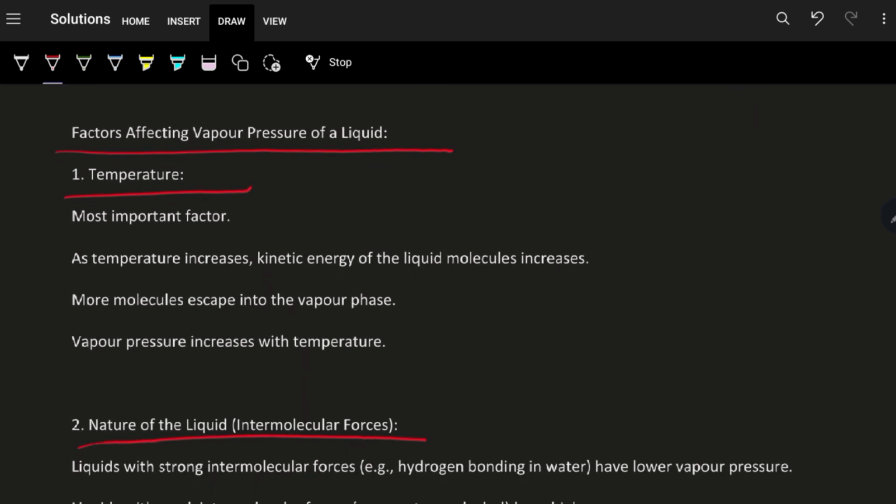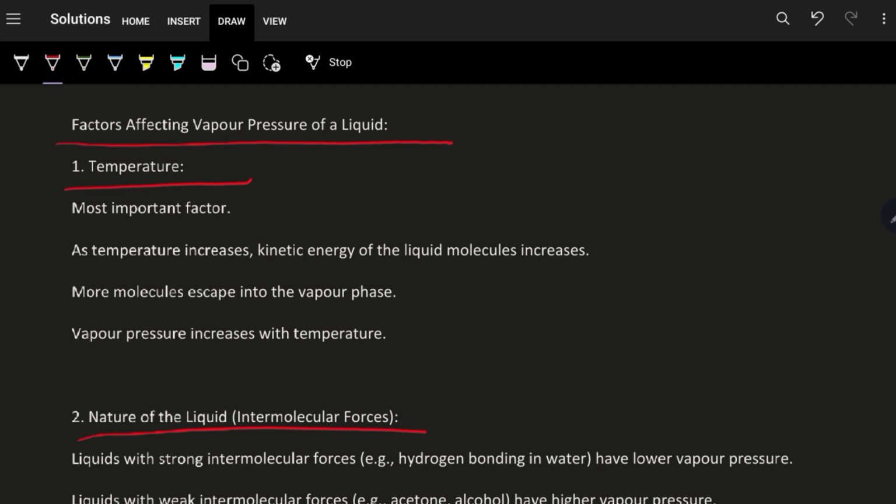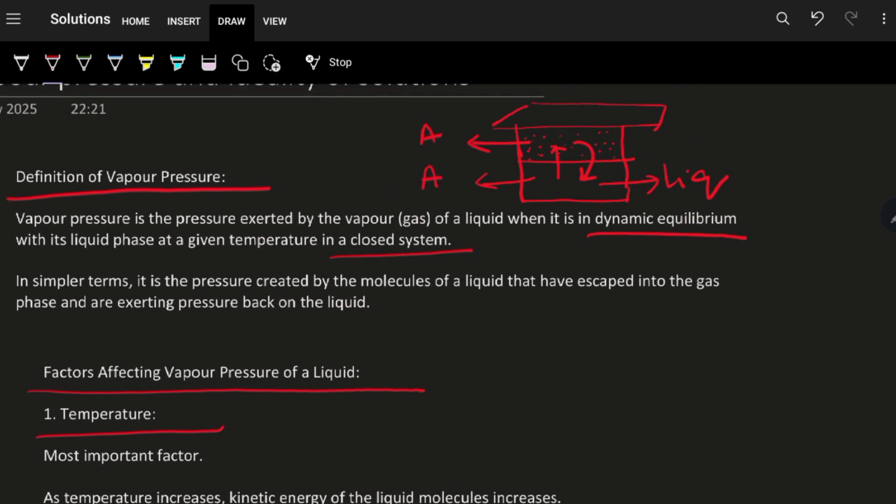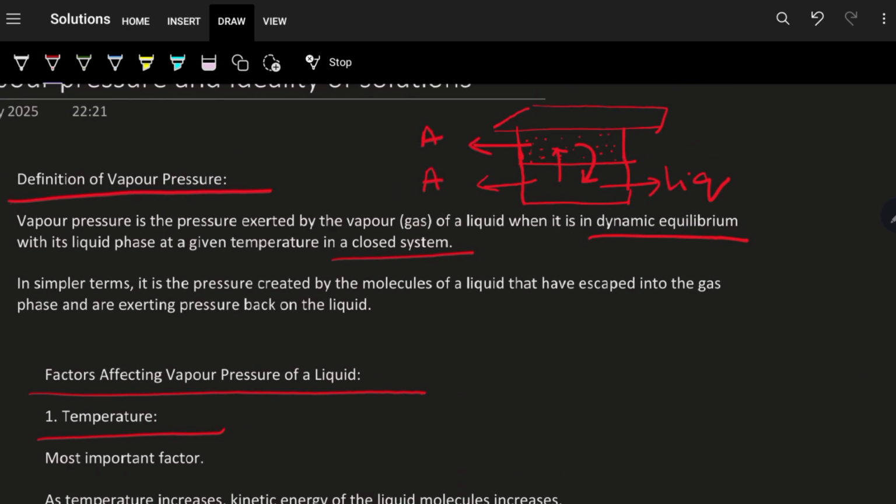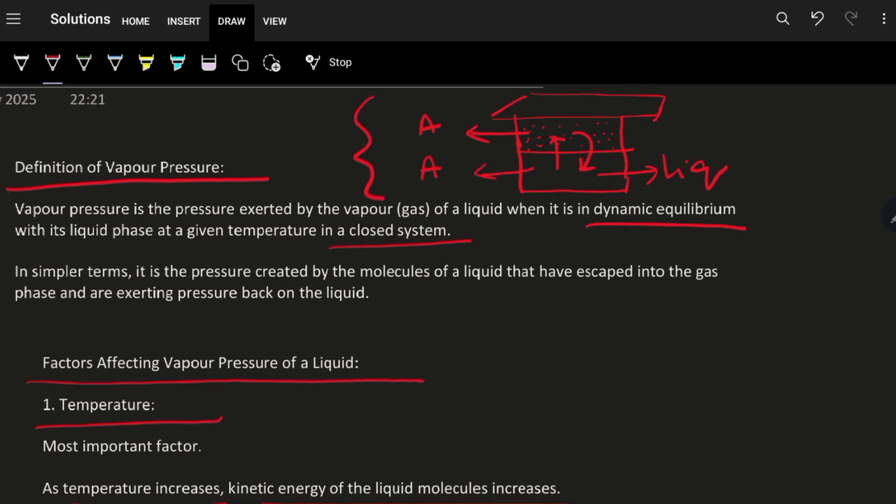Now, factors affecting the vapor pressure of a liquid. The first is temperature. Of course, if I increase the temperature, the kinetic energy of the liquid molecules increases and more of the liquid molecules will escape. So this is the first system which I have talked about to explain the vapor pressure.